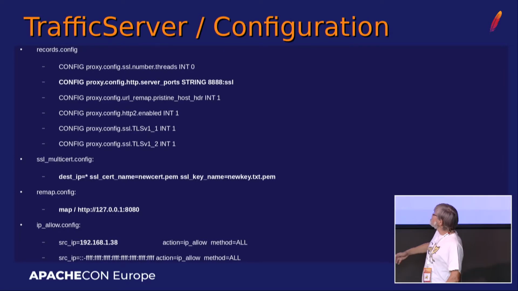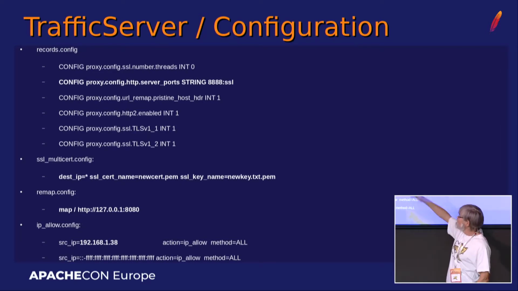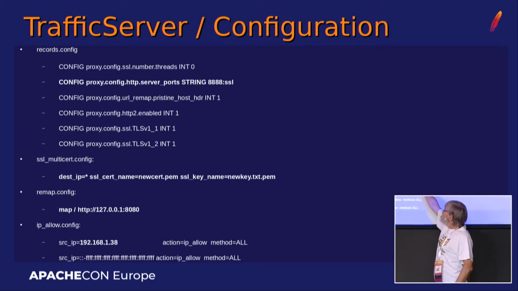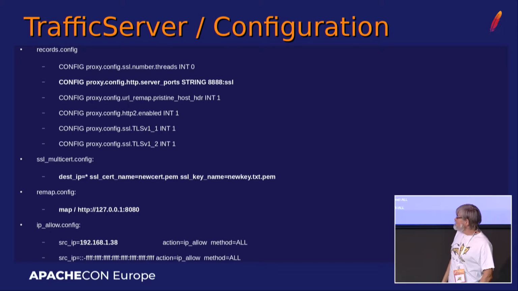So what is interesting to see here: we tell it that it's going to use H2. In this example we say that it is able to use TLS 1.1 and TLS 1.2. We give it the key and certificate.